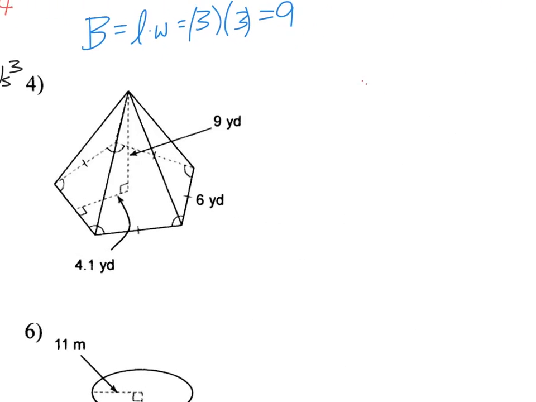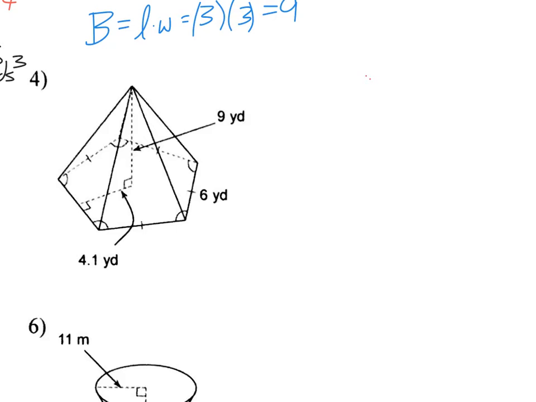All right, number 4. Oh, okay, base figure's a little tougher here. Base figure is this 1, 2, 3, 4, 5. It's that pentagon, okay? So big B here, for a pentagon, this was the 1/2 PA formula, perimeter times apothem. So first of all, we got to find perimeter. How do we get that?